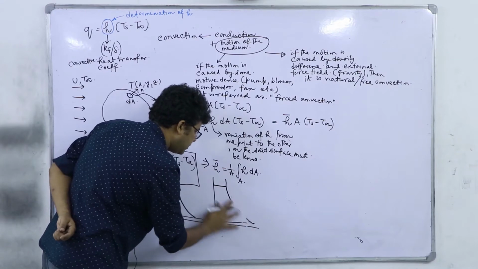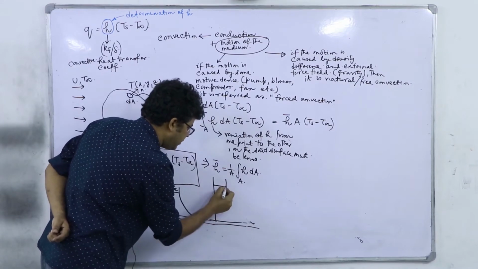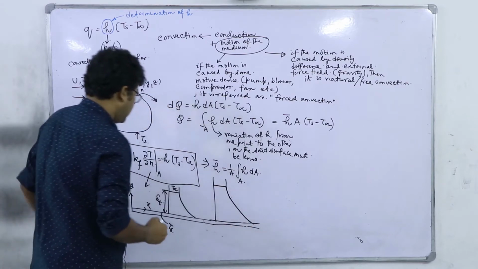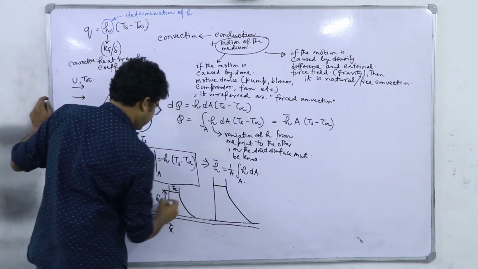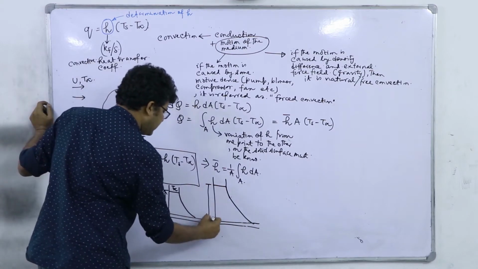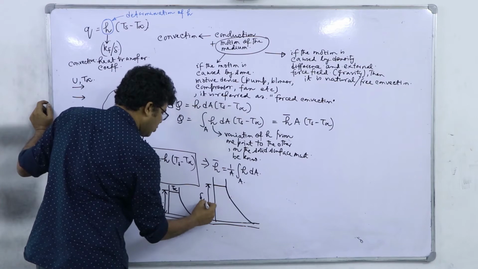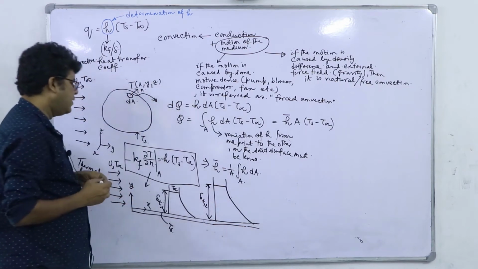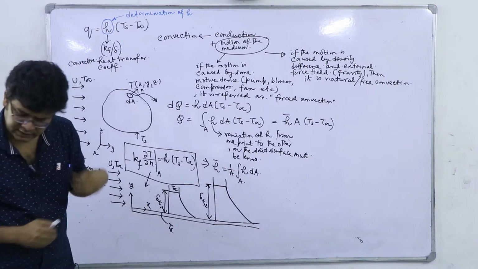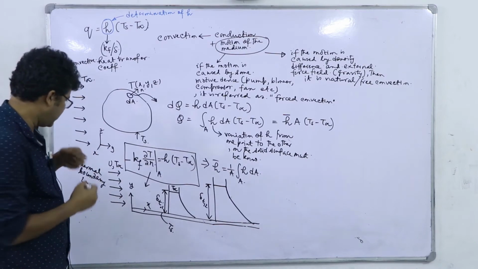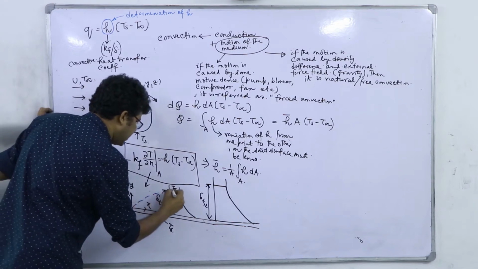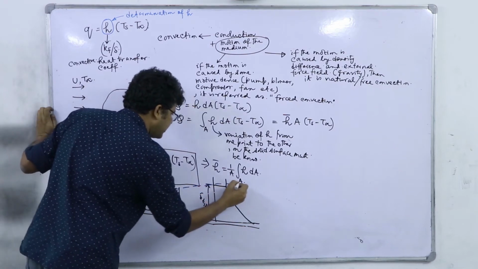So this value is the same, this is Ts again. Say this is delta T1 and this is delta T2. Now if I join these points, just similar to hydrodynamics, I will get a boundary layer.